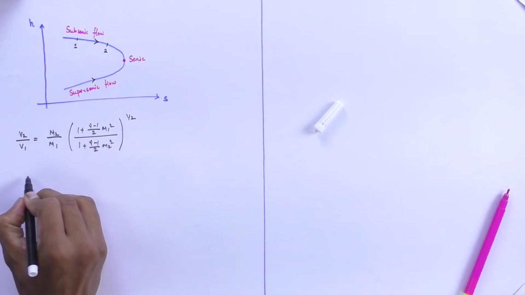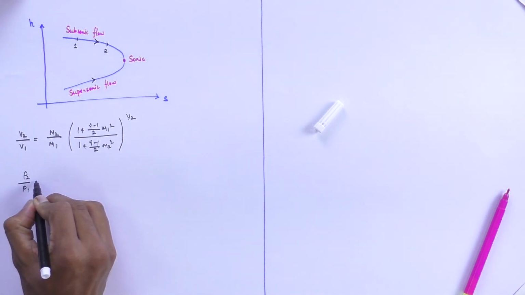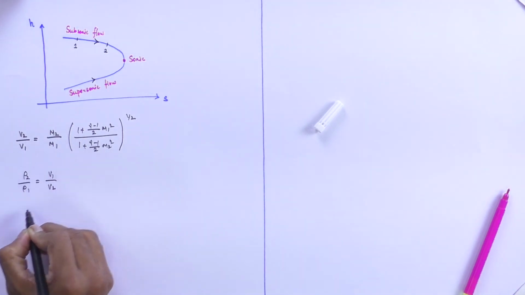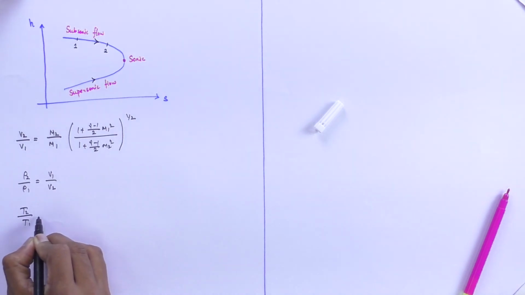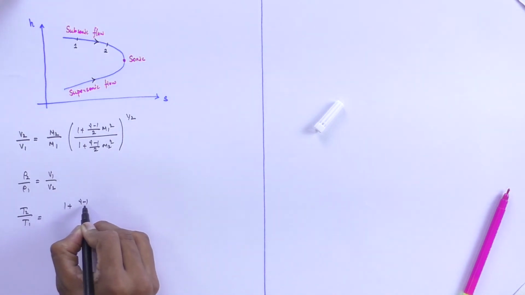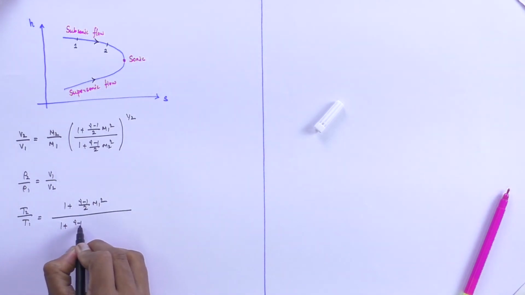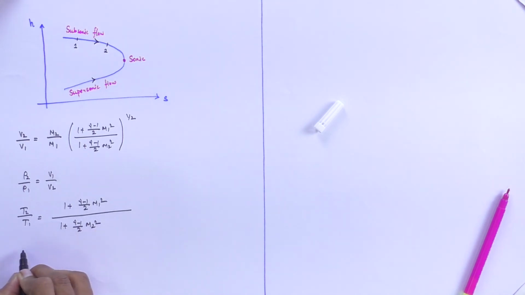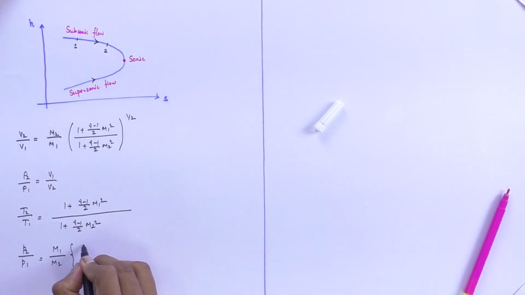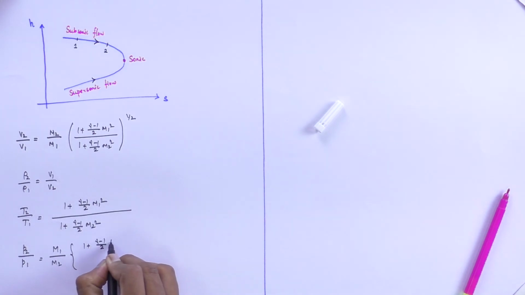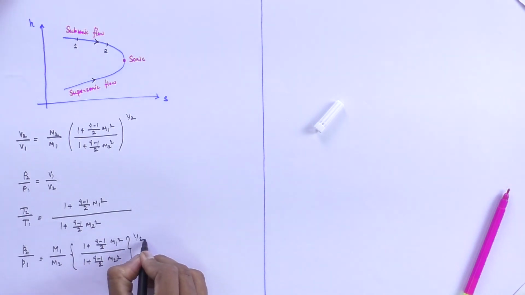Then rho2 by rho1 is equal to V1 by V2. Then T2 by T1 is equal to 1 plus gamma minus 1 by 2 M1 square divided by 1 plus gamma minus 1 by 2 M2 square. Then P2 by P1 is equal to M1 divided by M2 into 1 plus gamma minus 1 by 2 M1 square divided by 1 plus gamma minus 1 by 2 M2 square whole power 1 by 2.